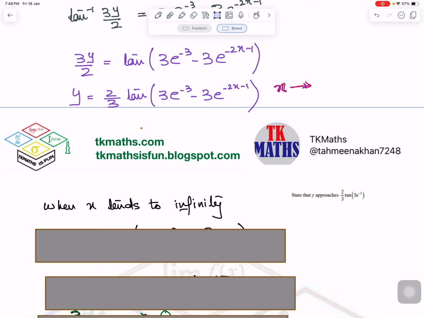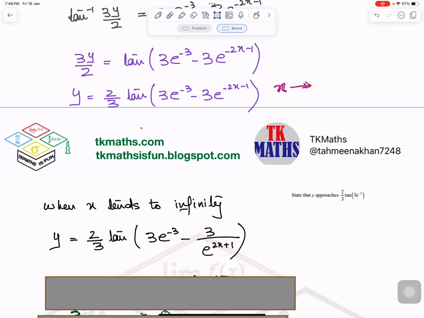On the right hand side, if I change it into this form. See here. Why did I do this, by the way? When you have e power 2x plus 1 in the denominator and you increase the value of x, imagine 50, 100, 150, 200, because it is saying going towards infinity, very, very big.